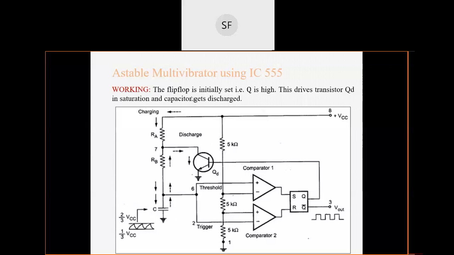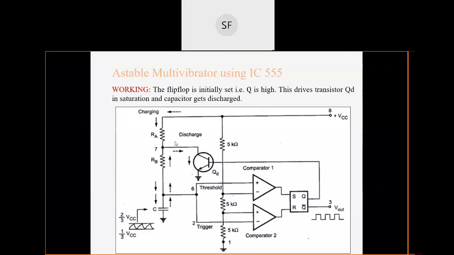But now here in astable multivibrator, as soon as you provide the VCC to this circuit, right, as soon as you switch on the power supply, then at the output you will get a rectangular wave. Till when? As long as it has supply. Alright. So astable multivibrator only needs the power supply and it will continuously generate the rectangular waveform, whereas monostable multivibrator needs an external trigger. Is it okay? I hope.